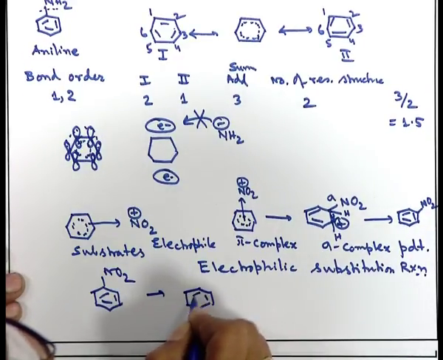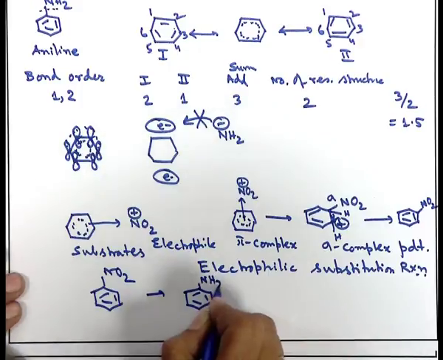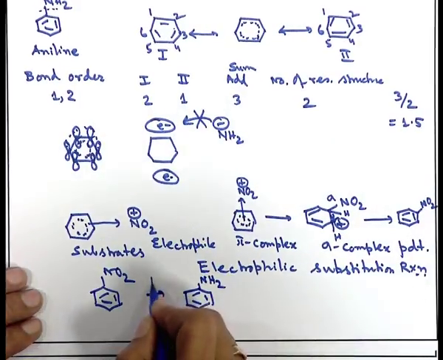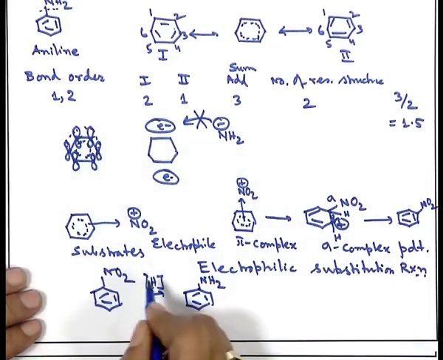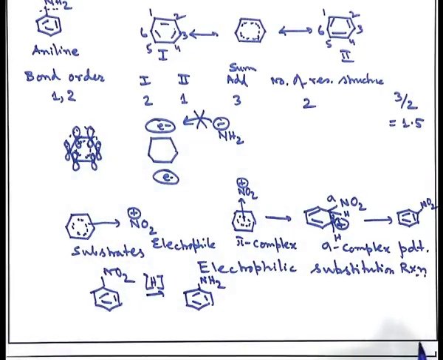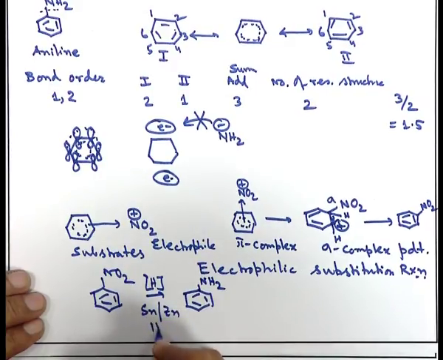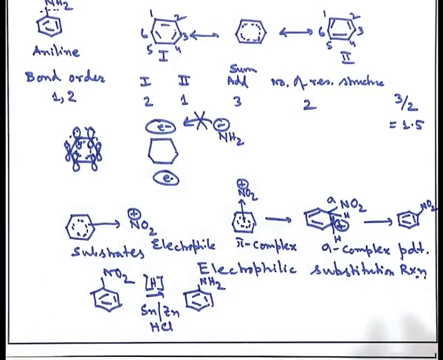Very simple answer is by reduction. By reduction, that means by taking hydrogen, especially nascent hydrogen is very good, tin or zinc and hydrochloric acid will be good enough to liberate nascent hydrogen, which will convert nitro to the amino group.